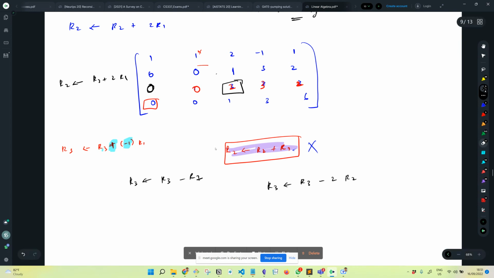Yeah. Can I suggest an even simpler operation? We saw scalar multiplication, right? Can I simply do R3 equals R3 by 2? I'm multiplying a scalar to R3. R3 equals 1 by 2 times R3. Can I do that?